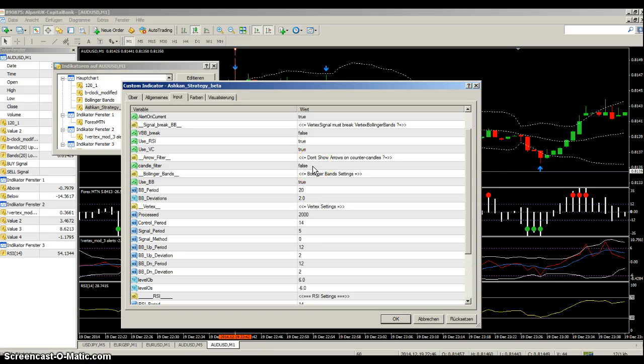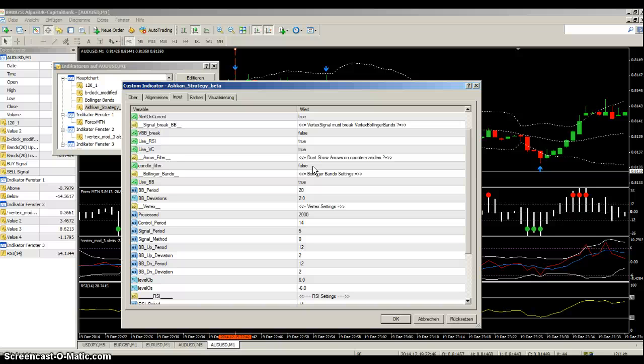But candle filter means the following. Let's say we have a call signal, but the signal candle is already a green candle, which means that price already went into our desired direction, and the probability for the price to not go much higher is potentially there.